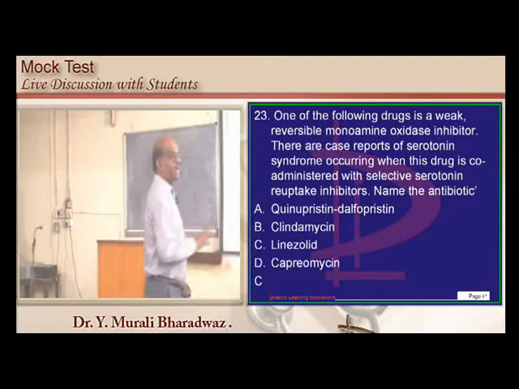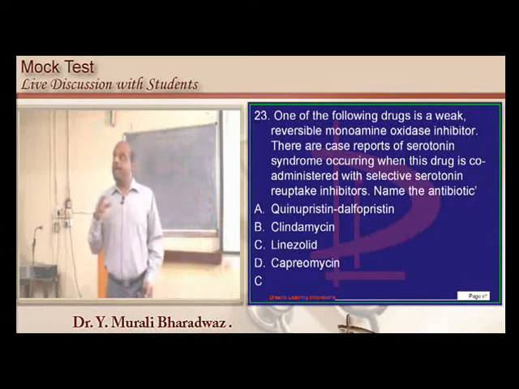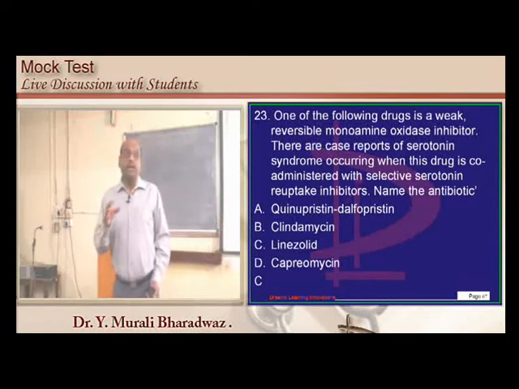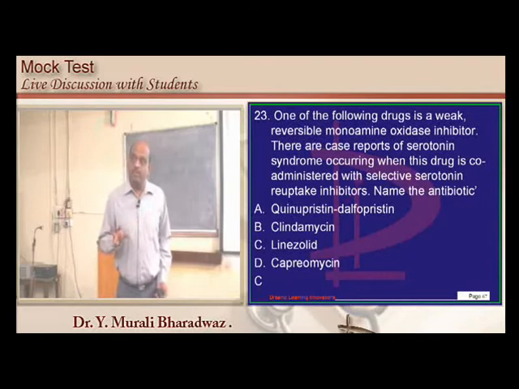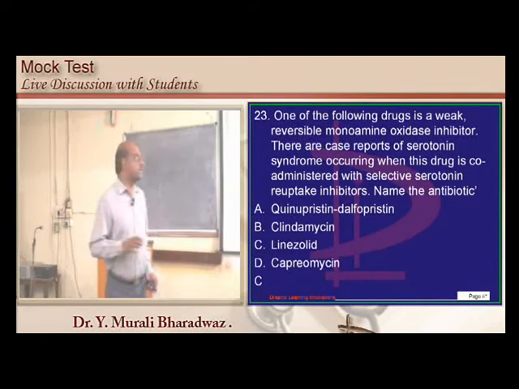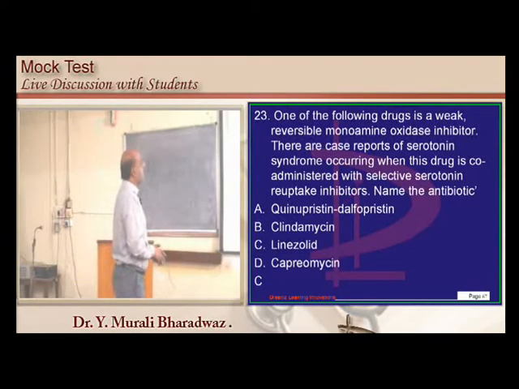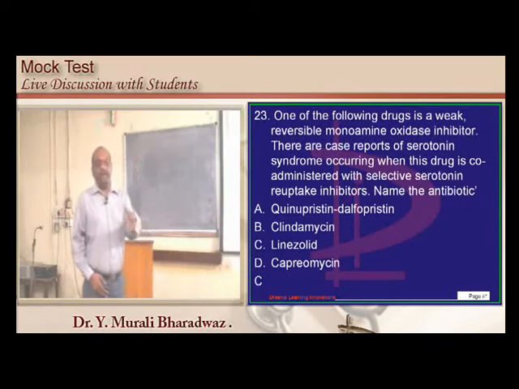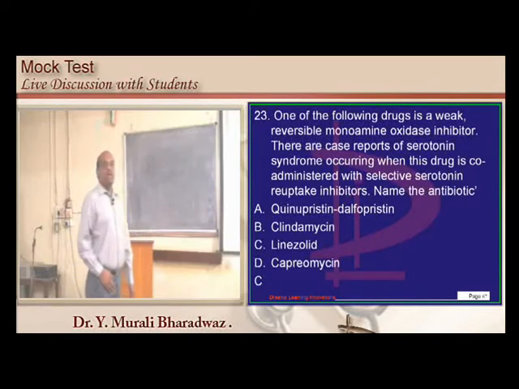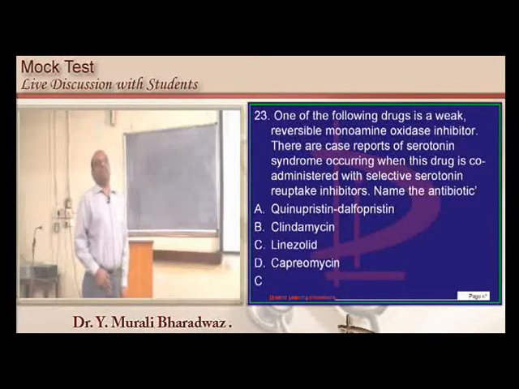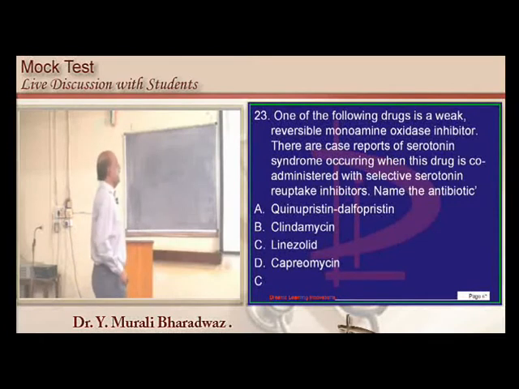So linezolid's ability to lead to serotonin syndrome through its interaction with MAO inhibitors is one of the very well known and important adverse effects of linezolid that we need to remember.